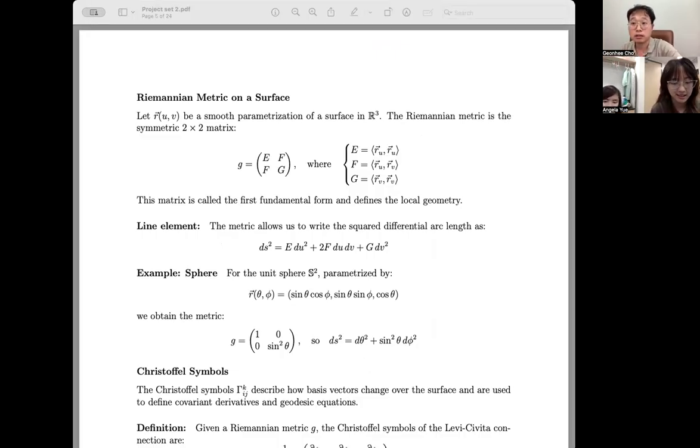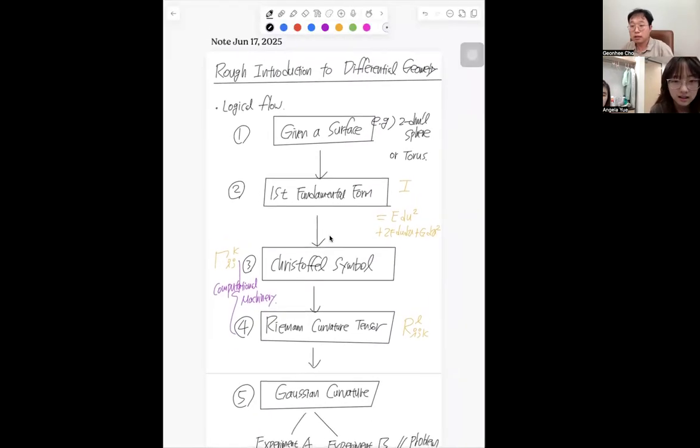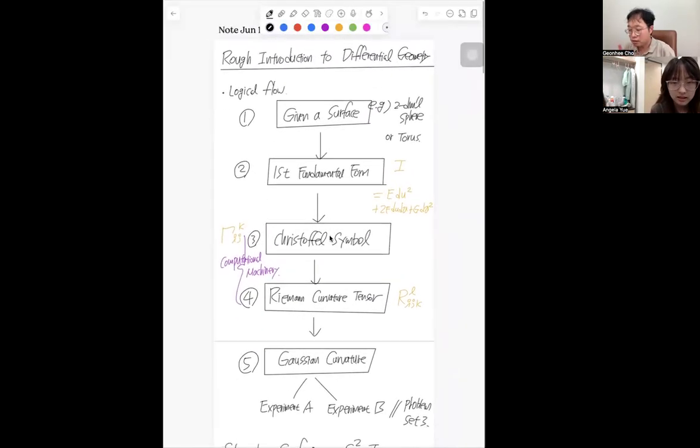He's going to go over the Gaussian curvature. So let me just repeat. For the necessary experiments of quantum computing, all of those are based on the values of the Gaussian curvature, and the Gaussian curvature is completely computed from the first fundamental form.